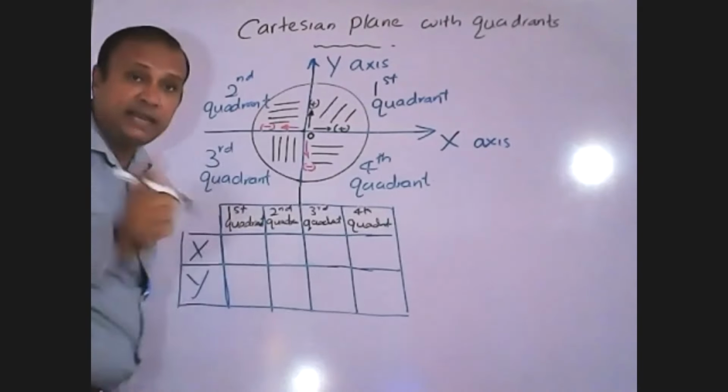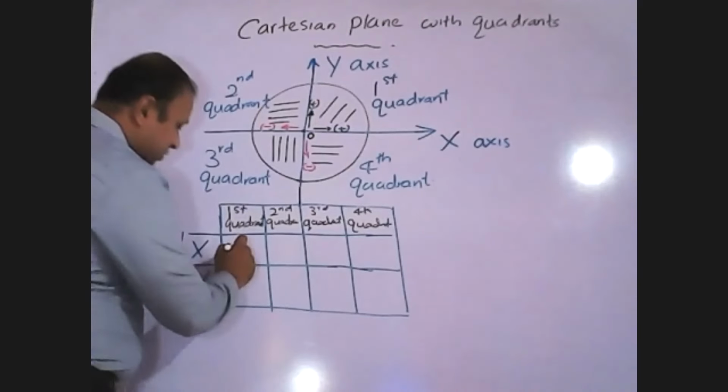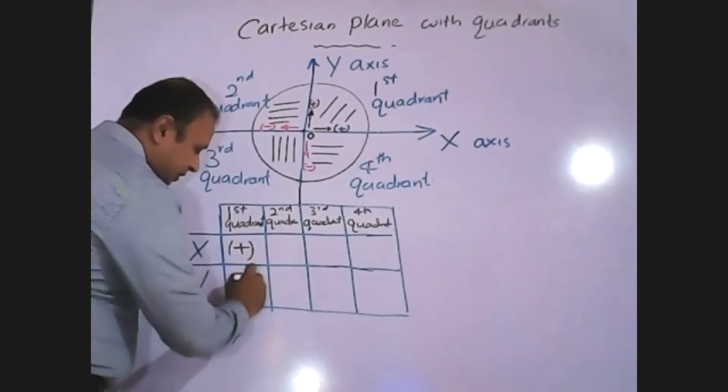So x and y values are both positive in the first one.